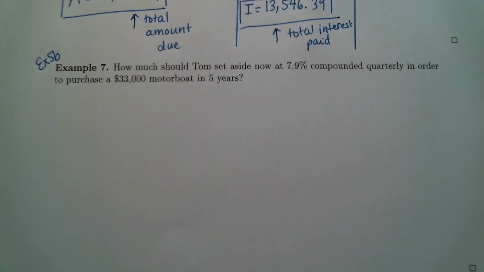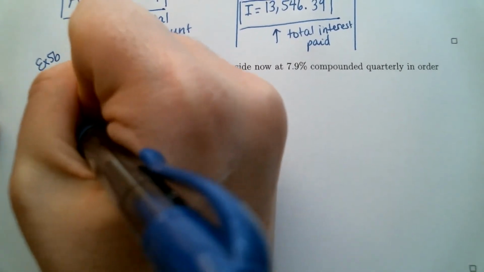The reason it's compound interest is because Tom is setting aside some lump sum of money. How much, that's what we're trying to figure out. He's setting aside this one lump sum of money and saving it over a 5-year period in order to have his money grow to be $33,000 so that he can purchase a motorboat. So he is saving one lump sum of money. That makes this a compound interest problem. Again, I'm going to use this formula.